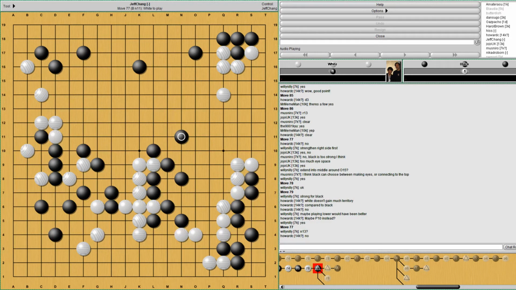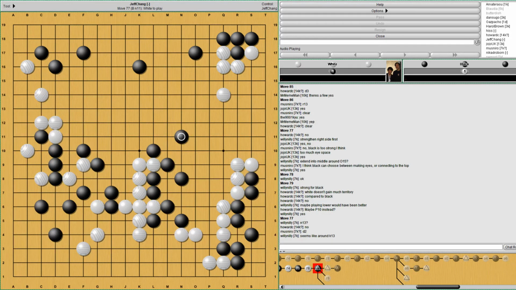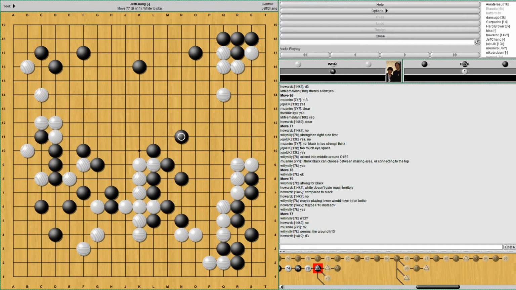Okay. So basically, without talking about this black group, let's temporarily forget it. We just say big moves on the board. Where are they? Where are the big moves on this board, let's say? D2, all right, D2 is pretty big. K13, I can't see why K13 is big, I'm sorry.